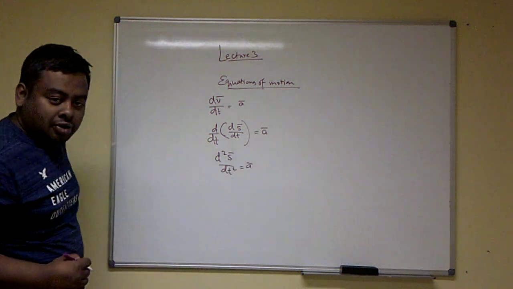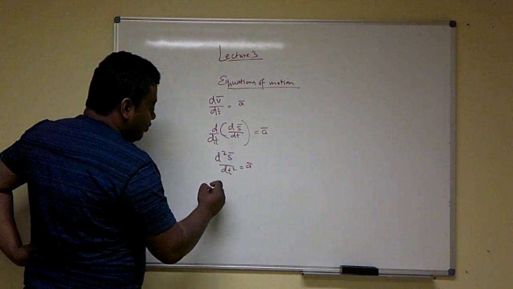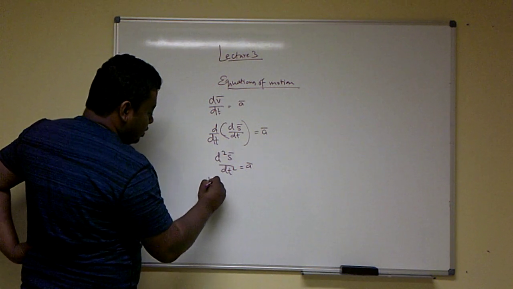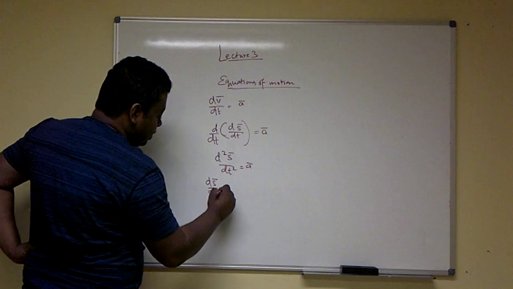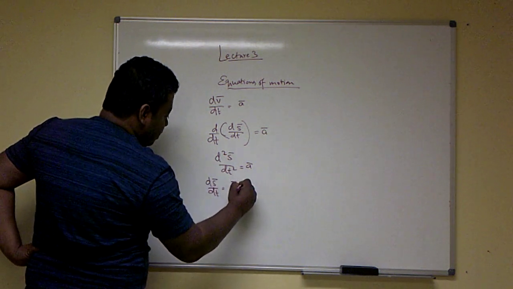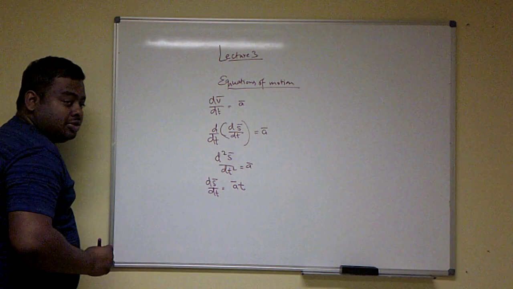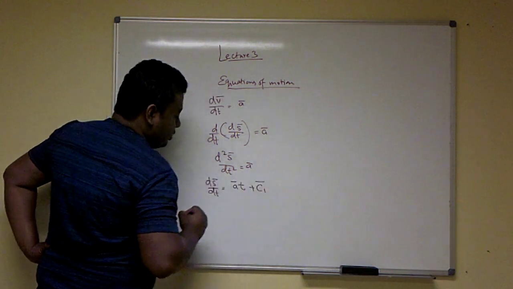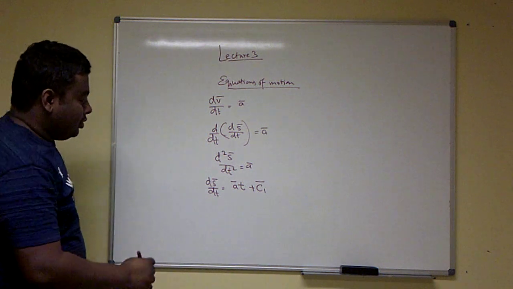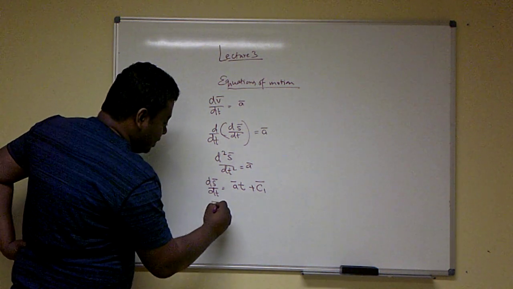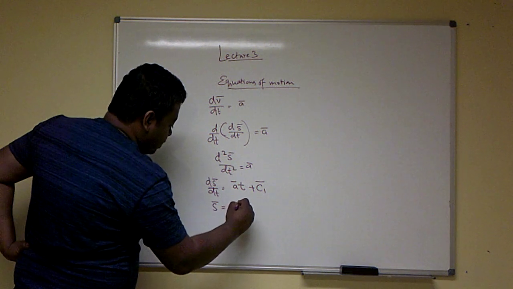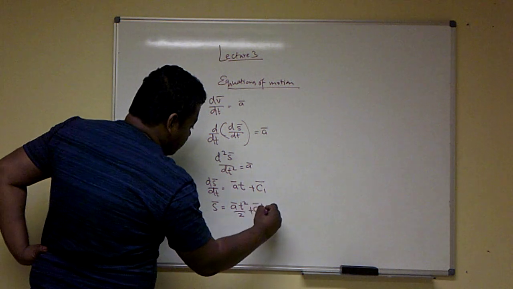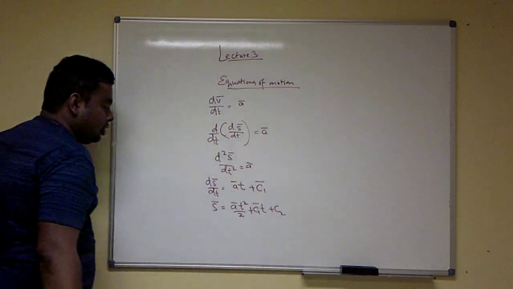Okay, so when you integrate it first, you get ds vector by dt equals a vector times t plus another constant vector c1, and then when you integrate it again, you get a vector t square by 2 plus c1 vector t plus c2 vector.